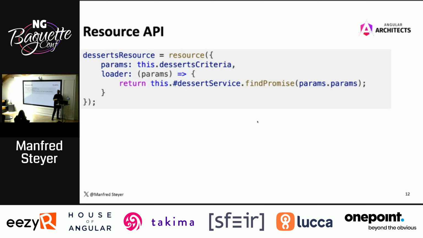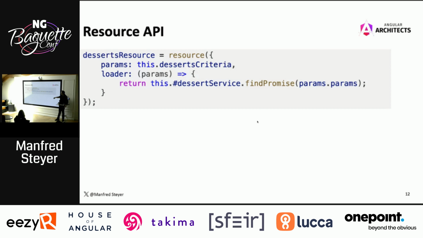And every time the signal is changing, a loader is triggered. The loader also gets some parameters, which has the parameters from before. So here we have params. We've discussed this some days ago. It's a very symmetric API, if you ask me. But I'm not sure if this is what people refer to when they are talking about symmetric APIs.